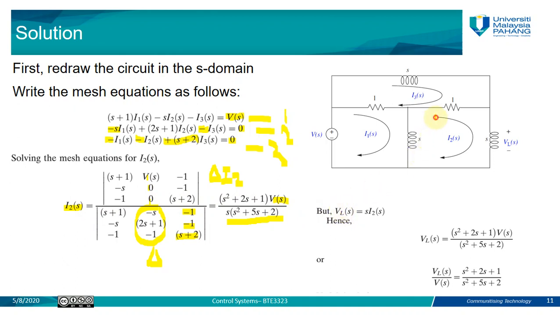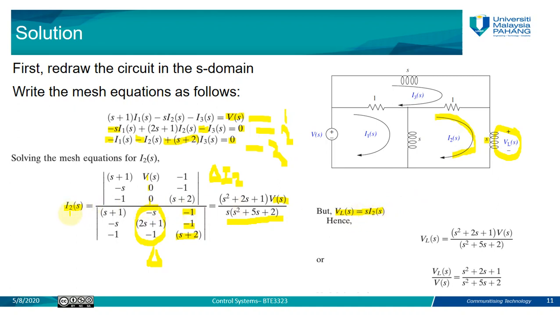Since I2 goes through this inductor, this impedance, the value of VLS is equal to s times I2 of s, based on Ohm's law: voltage is equal to current times impedance. The voltage is VL, the current is I2, the impedance is s. So VL is equal to s I2 of s.